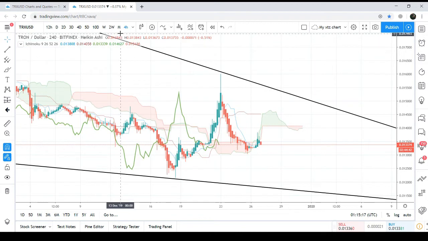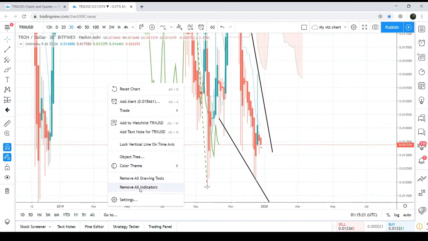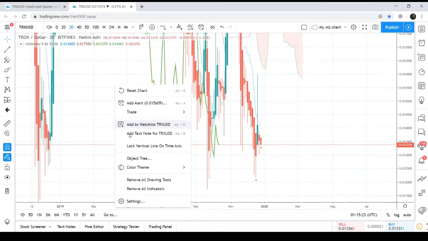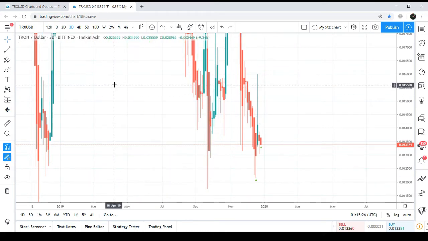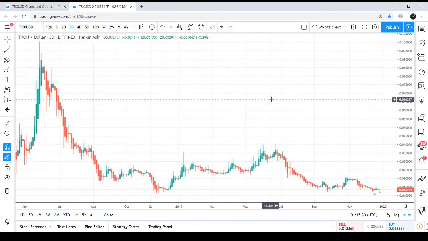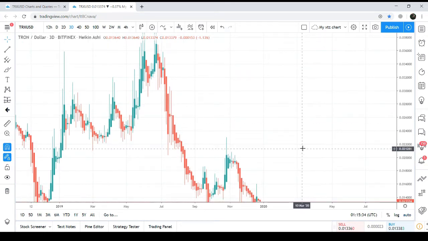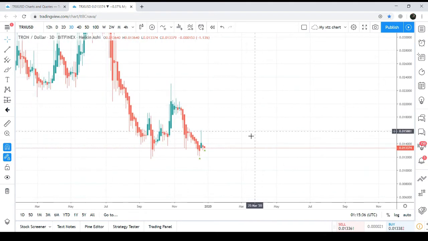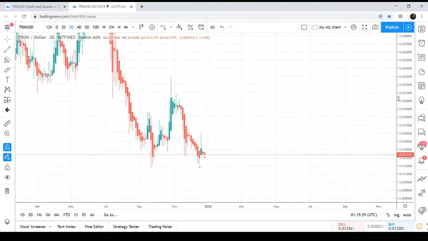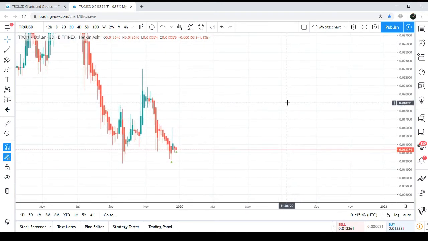So if we see on the 3-day chart, I'm just removing all the indicators and chart patterns, and this is the most favorite signal for me, that on the 3-day chart, let me just show you.